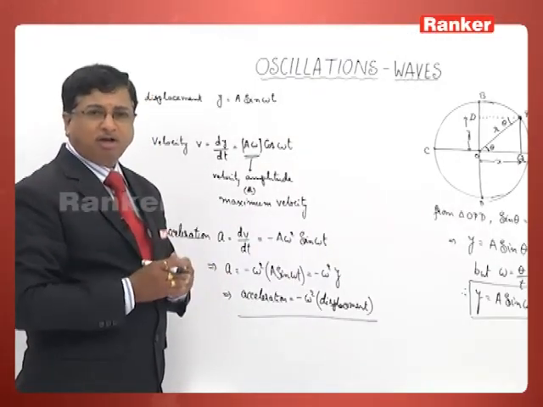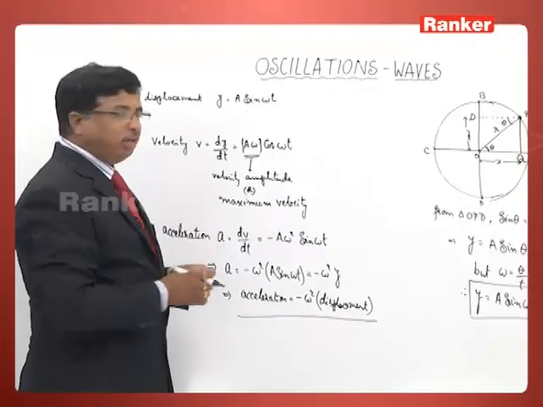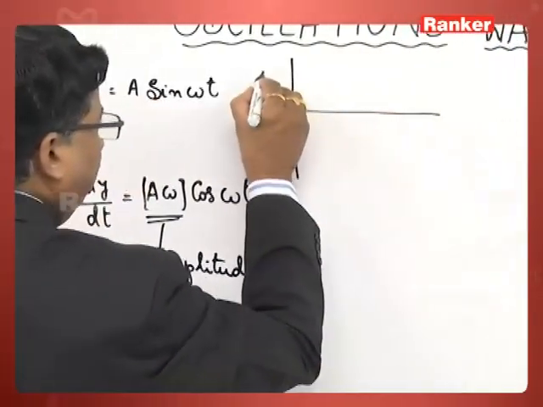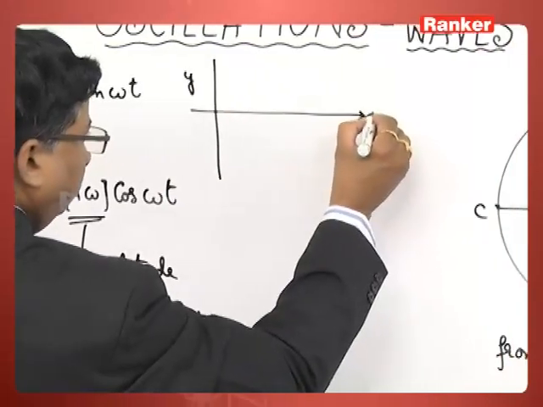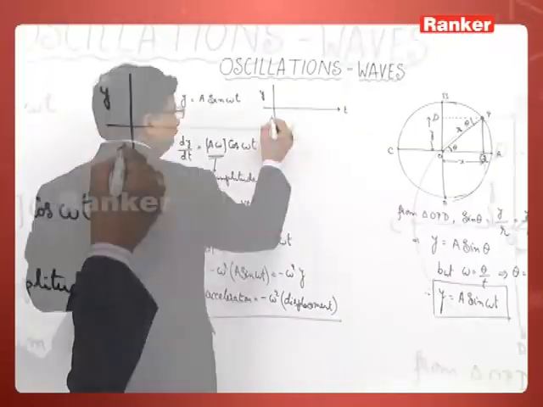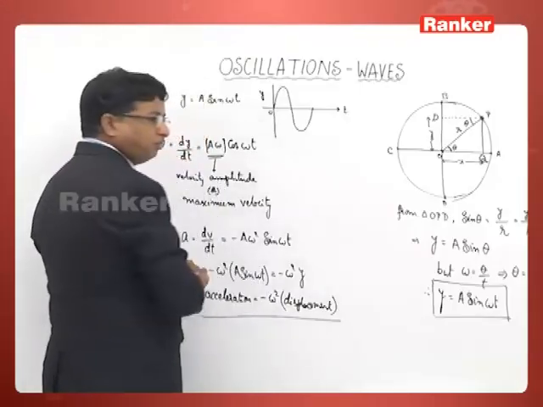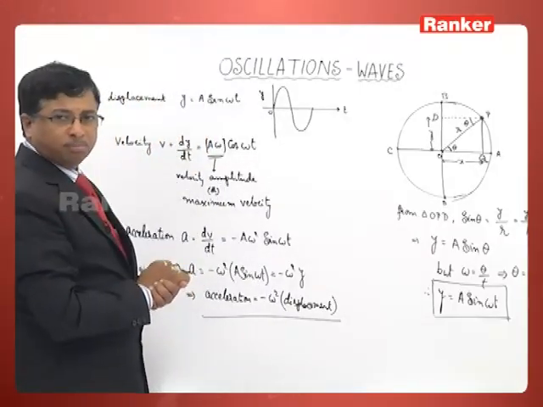But what is the variable here? It is the time. Therefore, when we plot a graph between displacement and time, I will get a sine functional graph like this, a sinusoidal waveform.